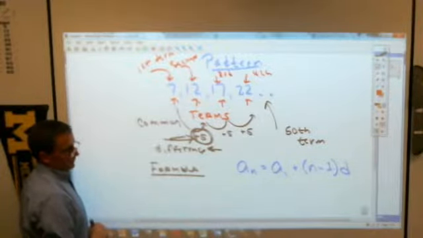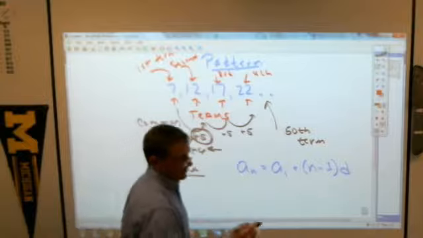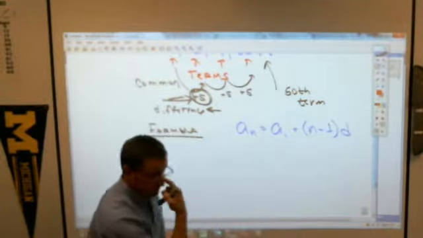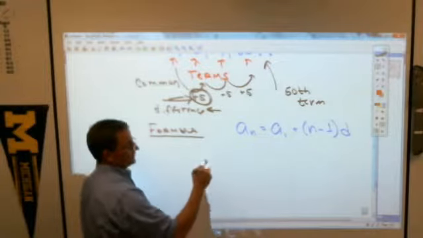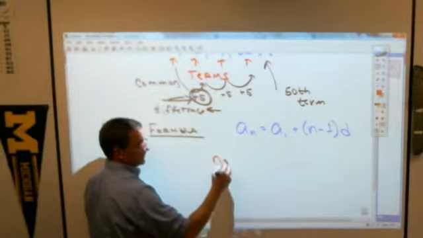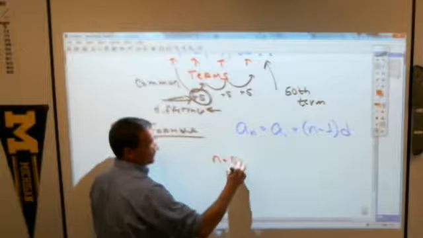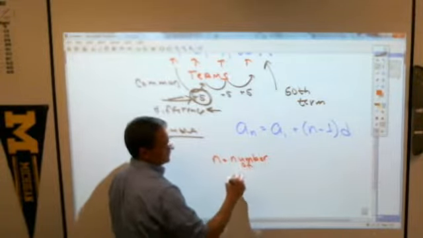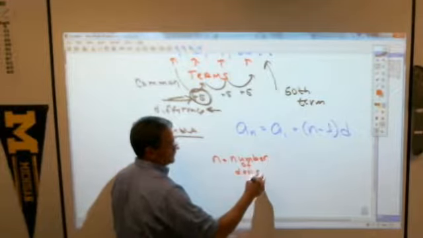Give you a chance to write that because we have to go really slowly from here on in. The letter n is the number of the term you want, the number of the desired term.